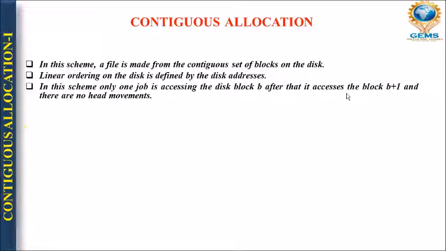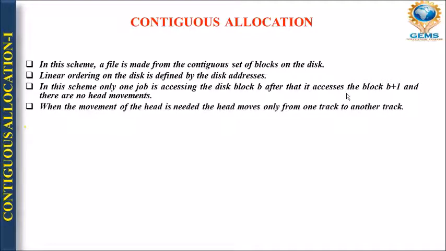The head is not moving from one place to another, especially in contiguous allocation. When movement of the head is needed, the head moves only from one track to another. So if it is necessary, the heads will be moved track-wise only.